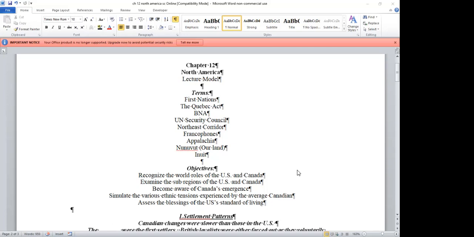The Francophones, these are French-speaking Canadians, specifically in Quebec, otherwise known as Quebecois, French-speaking Quebecois. Appalachia is an area that stretches from the Atlantic provinces of Canada on down through northern Georgia, Alabama.